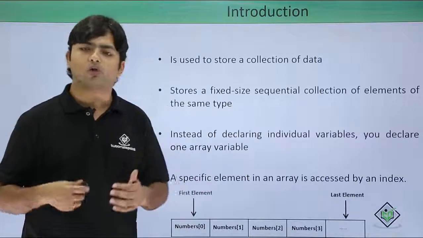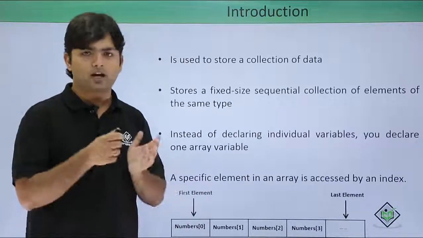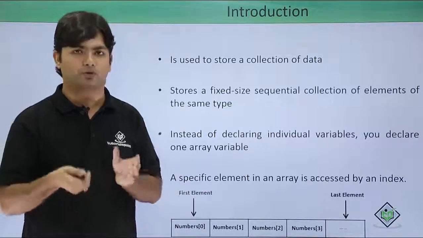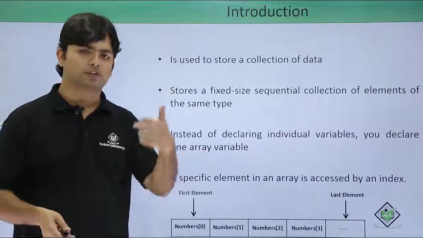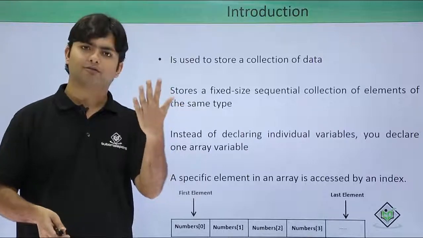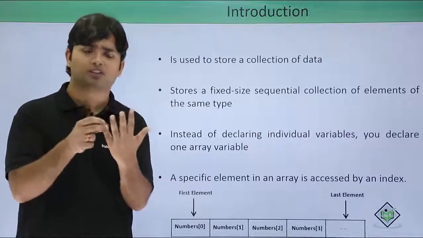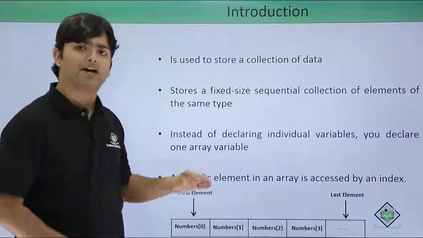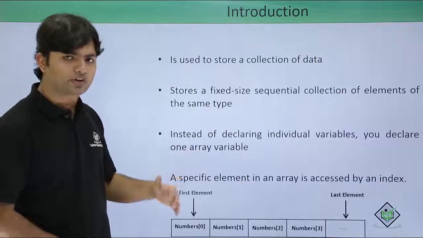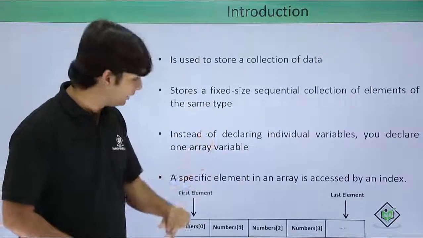The index will always start with 0 and will go to length minus 1. For example, if the length of an array is 5, it will go 0, 1, 2, 3, 4, that is length minus 1. Four is the last index, alright. So you can pass a particular index to retrieve or to assign a value.